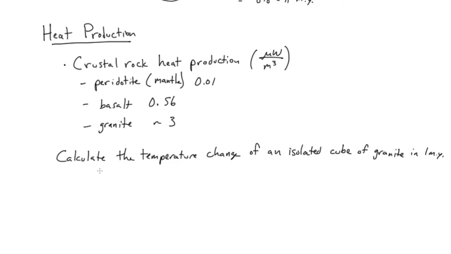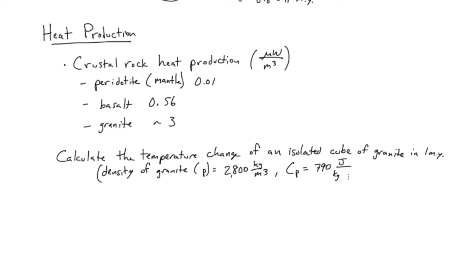So we'll need for this the density of granite, rho, is around 2,800 kilograms per meter cubed, and the specific heat is around 790 joules per kilogram per degree.